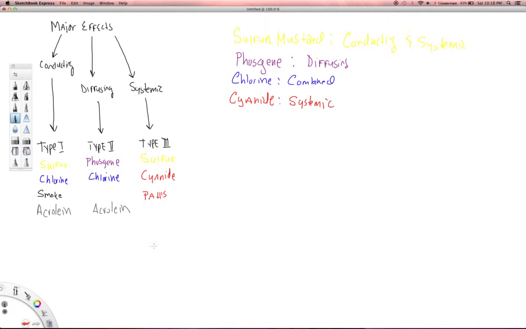Now let's just throw a few others, because there are some industrial chemicals that I think are kind of important as well. Another one might be ammonia. Ammonia is going to have, for the most part, type 1 effects. All right, ammonia is a good one.